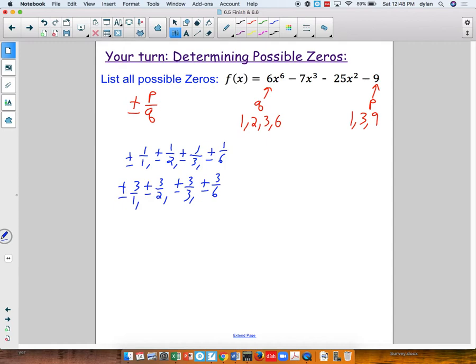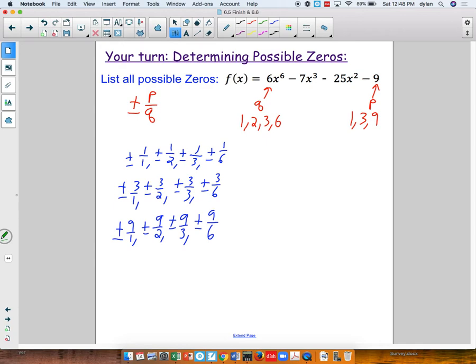And then same thing for 9. So plus or minus 9 over 1, plus or minus 9 over 2, plus or minus 9 over 3, and plus or minus 9 over 6. So it looks like we've got 24 different possibilities here.